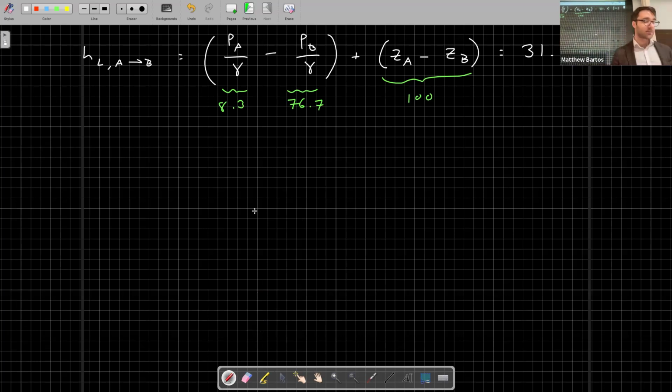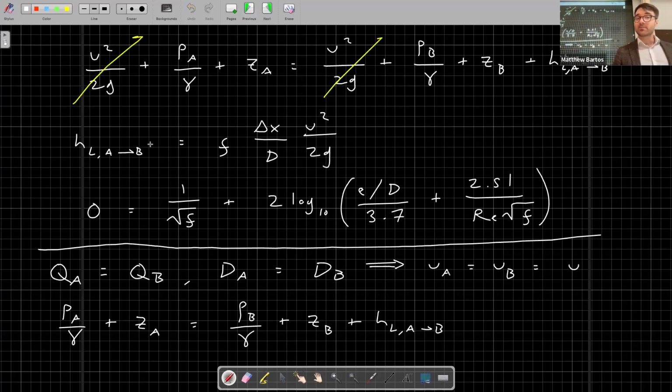Okay, so we know the head loss. So we can plug that head loss right back into Darcy-Weisbach. So let's take the Darcy-Weisbach equation and rearrange it such that our friction factor is on the left-hand side.